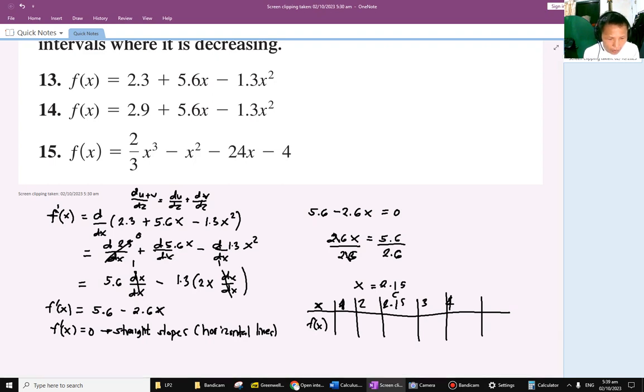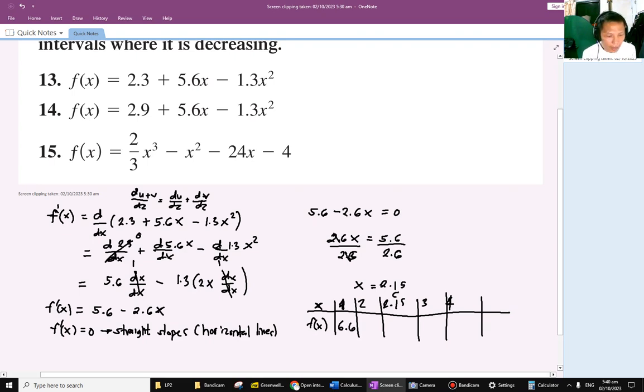So that would be 1.3 times 1, that would be 1.3. 5.6 times 1, that would be 5.6. So 2.3 plus 5.6 minus 1.3, since you're substituting 1. So the first value really is 6.6 for 1.